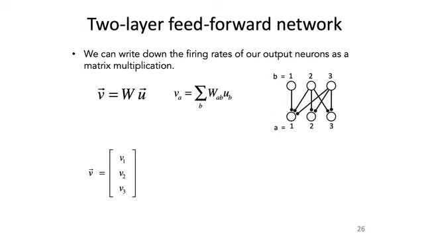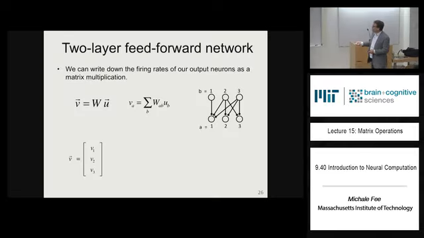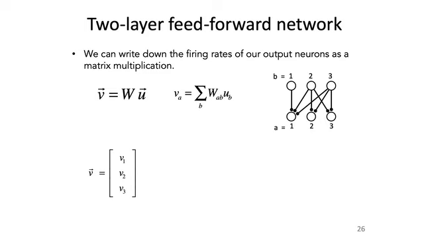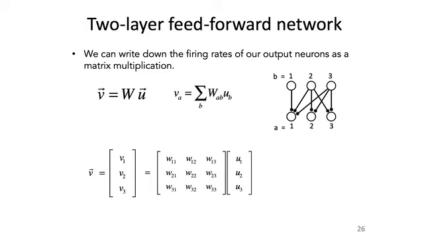All right, so let's flesh out this matrix multiplication. The vector of output firing rates, we're going to write as a column vector where the first number is this firing rate, that number is that firing rate, that number represents that firing rate. That's equal to this weight matrix times the vector of input firing rates, again written as a column vector.